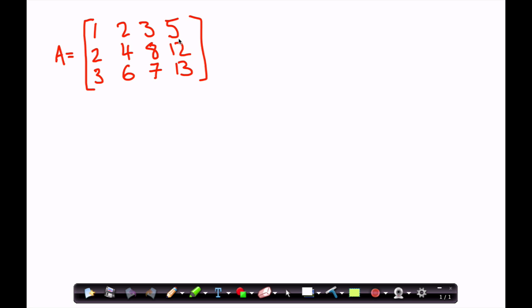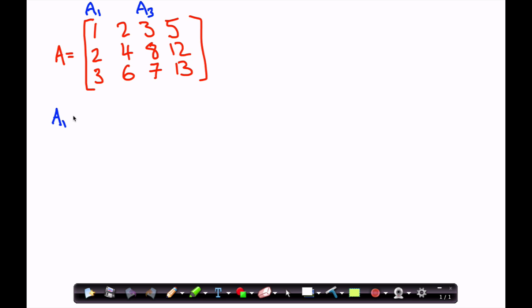And now we saw that the first column, A1, and the third column, A3, were a basis for the column space of A. So that means that we can write all of the columns of A as linear combinations of A1 and A3. Well, let's go ahead and do that.